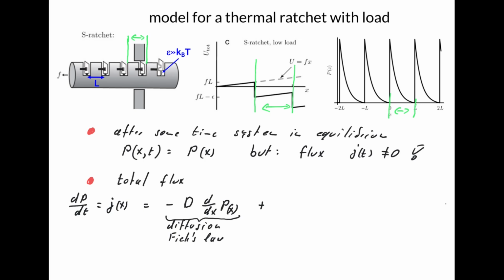Now, because of the load of the motor with the force F, there will be some general drift of the motor in the direction of the force. Hence, to this diffusional flux, we have to add a drift flux given by the drift velocity v drift times the probability P of x.